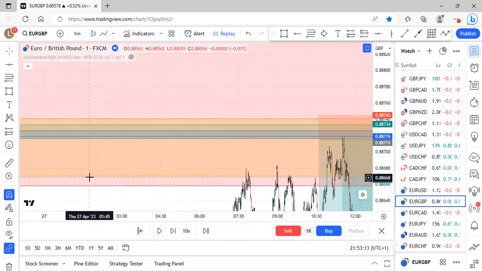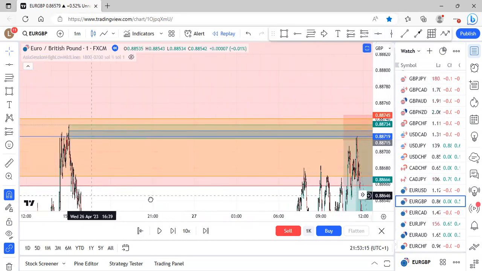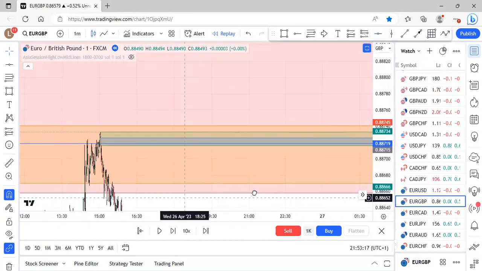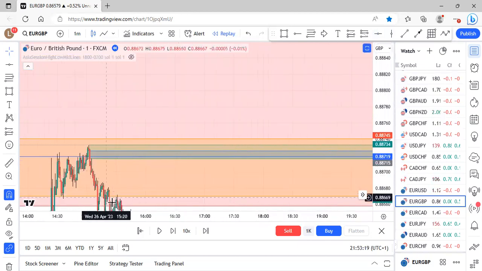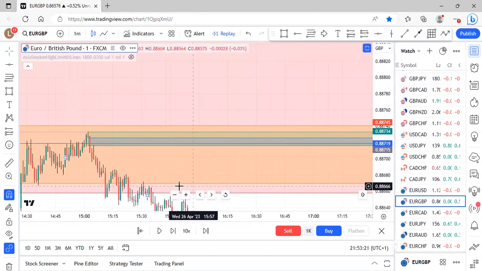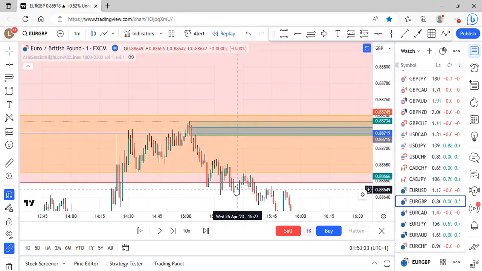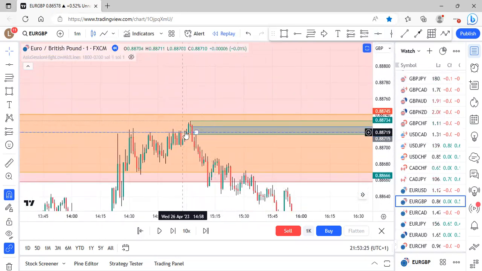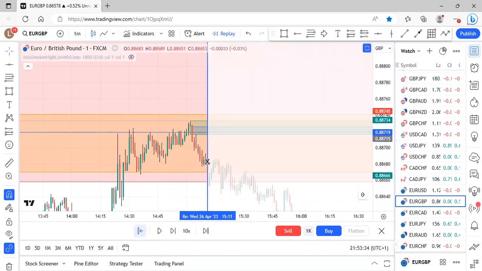The blue line's what it's filled. Actually taps into this candle here by looks of it. Like I say, pretty much half fills the imbalance. What that looks like is slightly different.